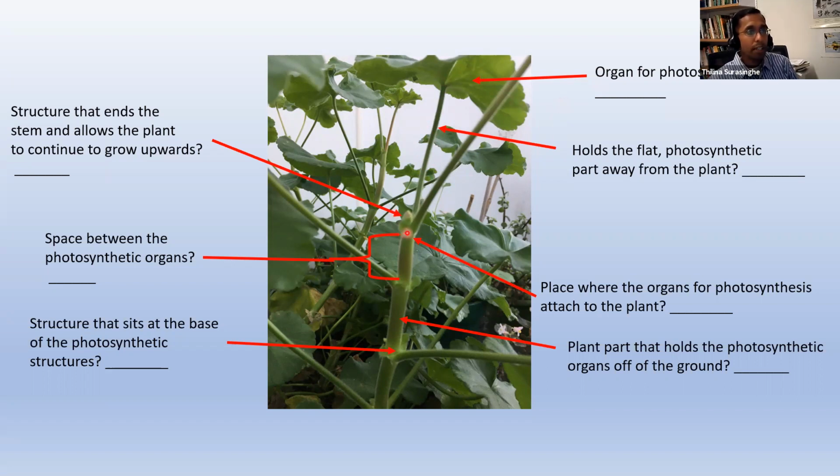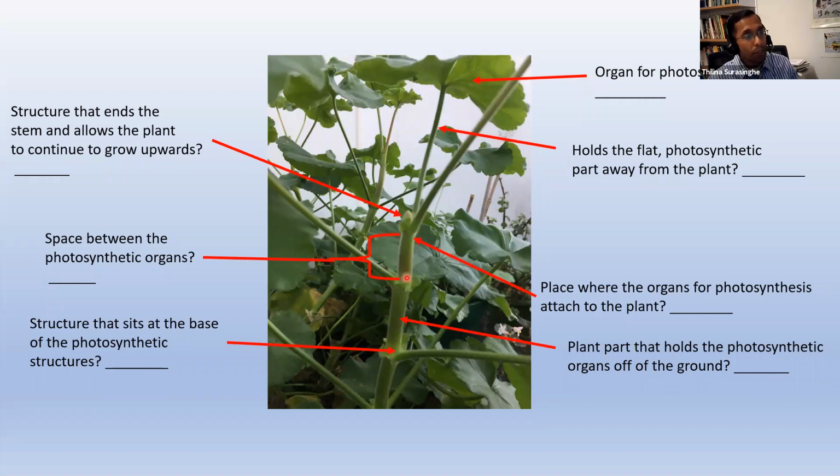What is this particular bud on the end of the stem, on the top of the stem? What kind of a bud is that? Is that the axillary bud? The opposite, apical bud. And the bud you find over here is the axillary bud.